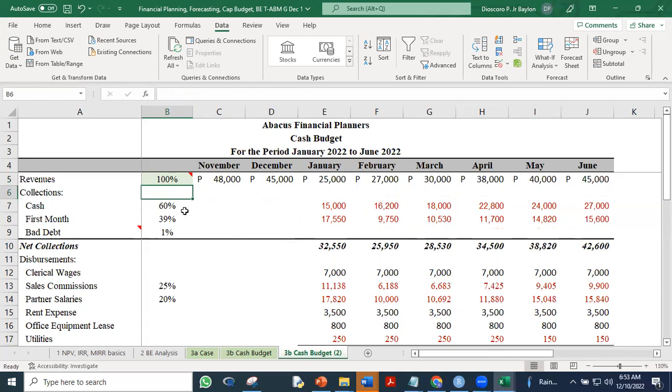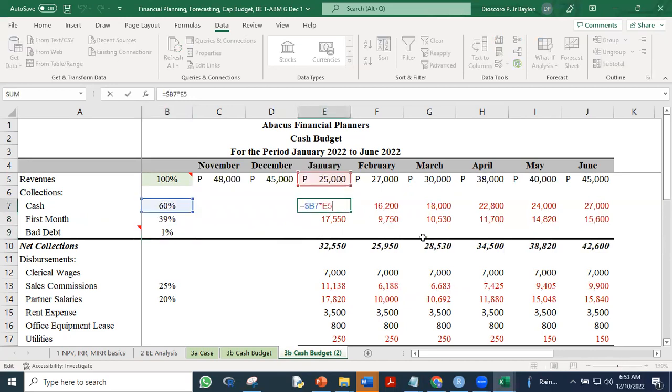For the collection, we have 60% on the first month. That means 60% cash, and then 39% after 1 month, and then 1% will not be collected. So how does this go? Let's take a look at the formula. The sales in January of 25,000, we will be able to collect 60%.